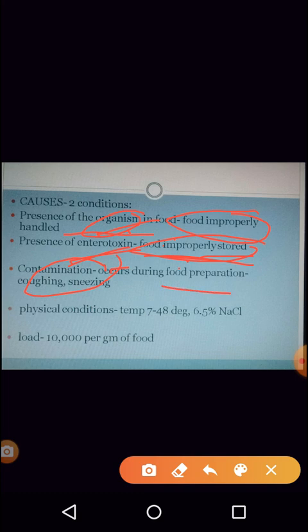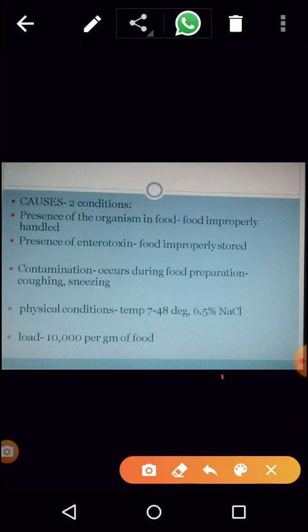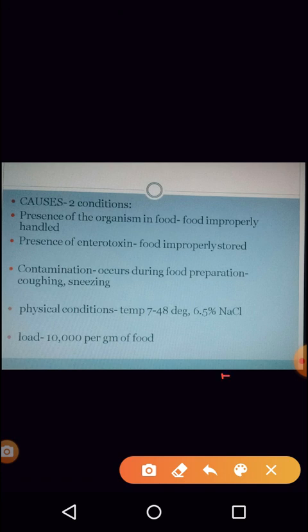That I told you, it is improperly handled, which means the person who is serving food, like we have many street foods in India. These street foods are just handled by a person whom you do not know whether the hands are cleaned, washed.